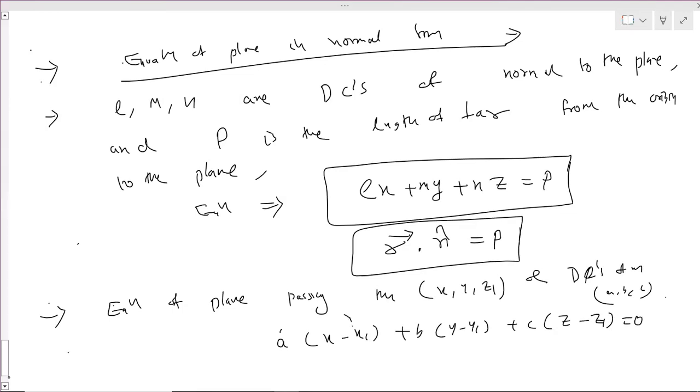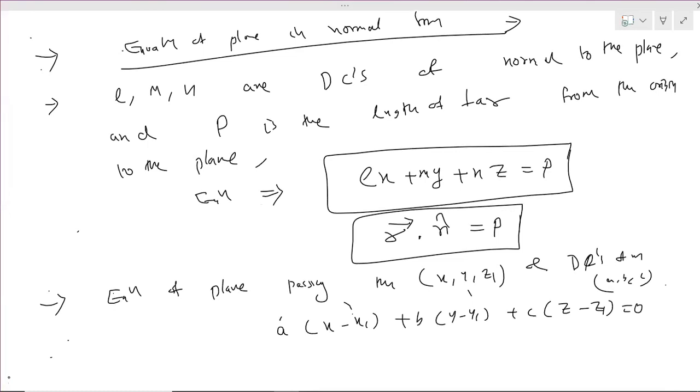Here you can see a x1, b y1, c z1 becomes d, the previous one we discussed. Please note it down. Done, sir.